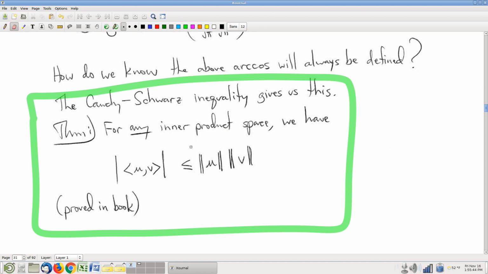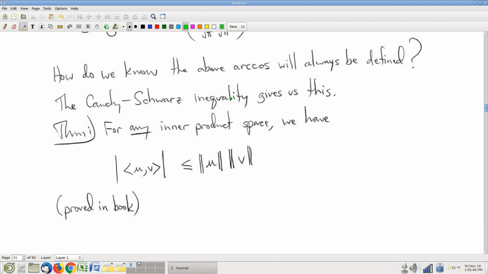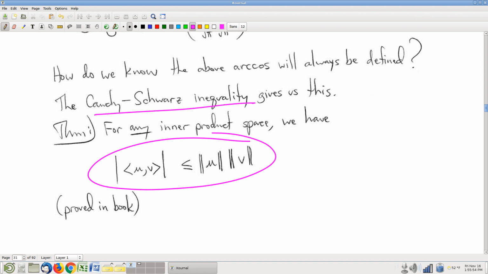And you might be thinking to yourself, okay, well, yeah, so what? Why is this interesting? I think this is just an amusing exercise: let's write down what this Cauchy-Schwarz inequality looks like for the L2 inner product.